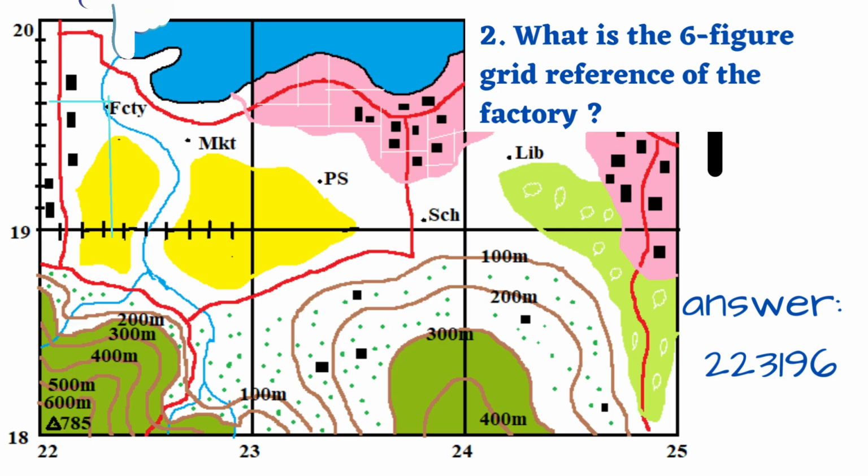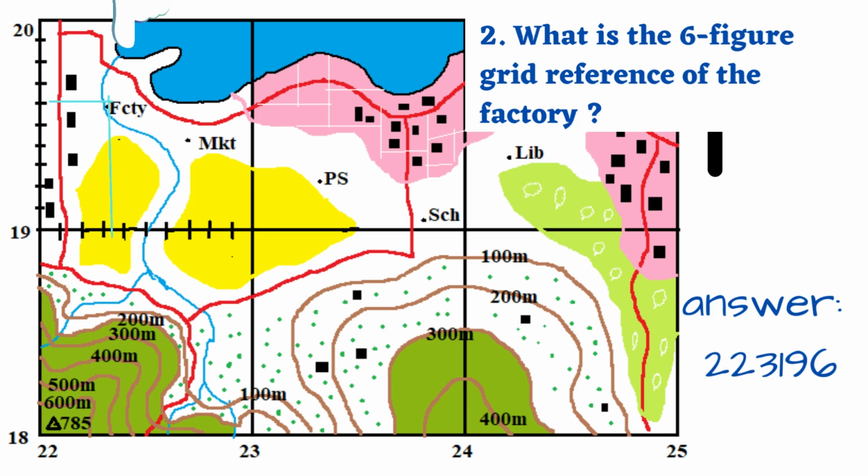First thing you do is to write the easting line to the left, the main easting line that is, to the left of the factory, which in this case is 22. Then you will move over to your right and see where the factory is located.